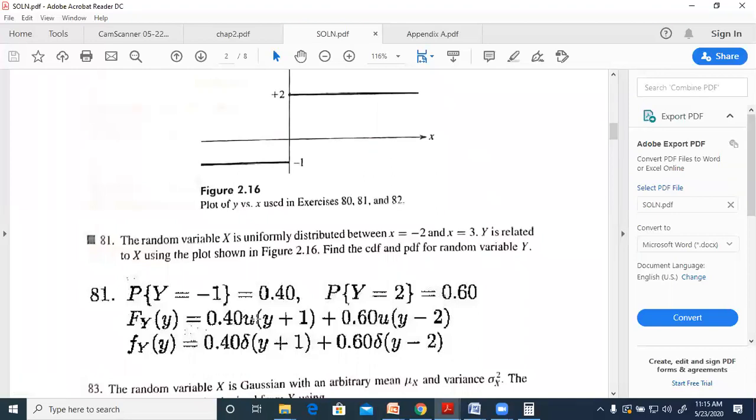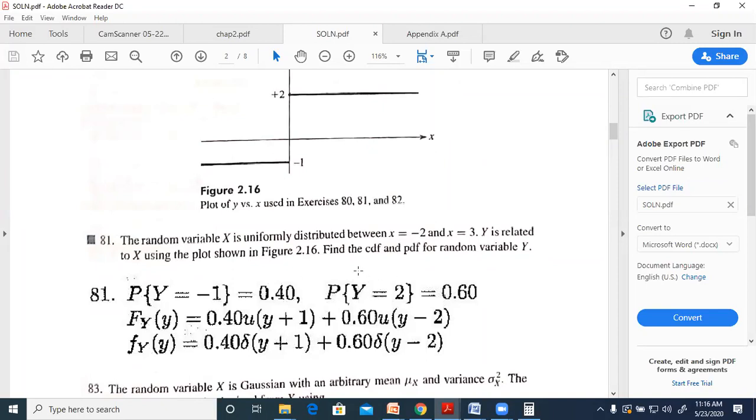So f y of y is 0.40 u of y plus 1 plus 0.60 u of y minus 2. So y plus 1 is because y is -1 for this, and y minus 2 because y is equal to +2 for this. I think you understand, you might have done the same thing in signals and systems.